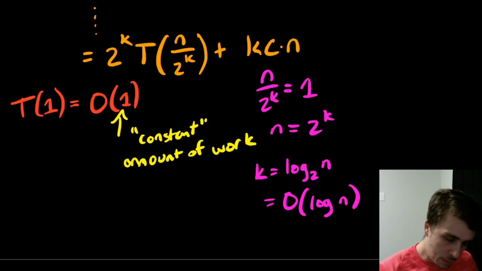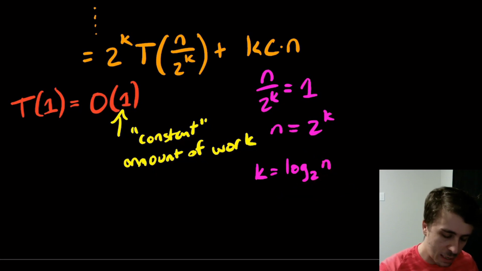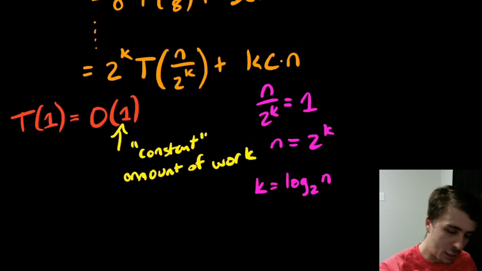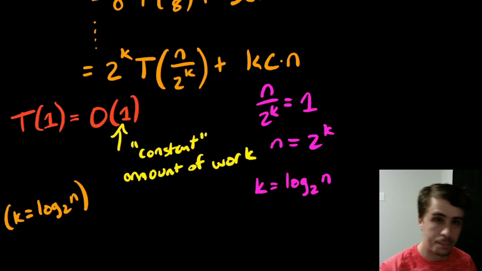Okay, so k is going to be log base 2 of n. Actually, let's just stick with log base 2 of n because it'll work easier here. So let's just say for the moment that k is equal to log base 2 of n.